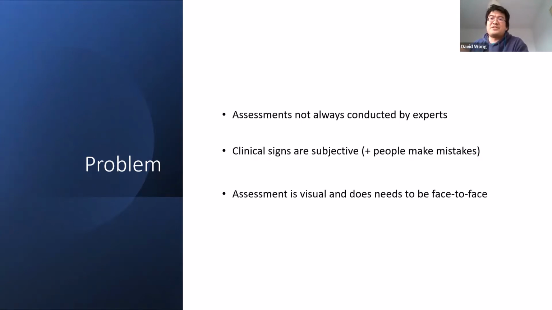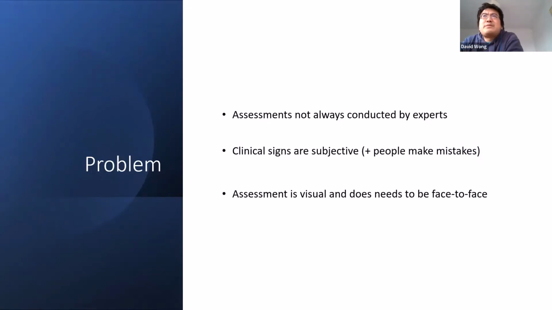And of course, that's not to have a pop at GPs, and actually even trained neurologists have a very high degree of inter-rater variability when they are asked to judge individual signs of movement disorders. So for instance, in some work that we've got under review, we've discovered that among 20 or so neurologist consultants, they were very inconsistent in estimating the severity of one key sign of Parkinson's disease.